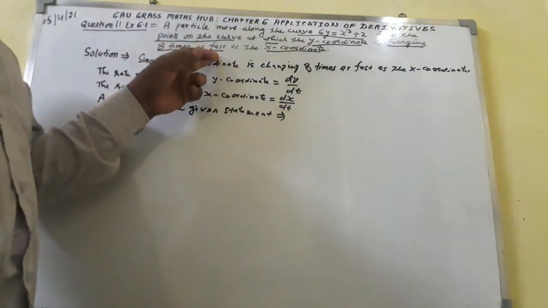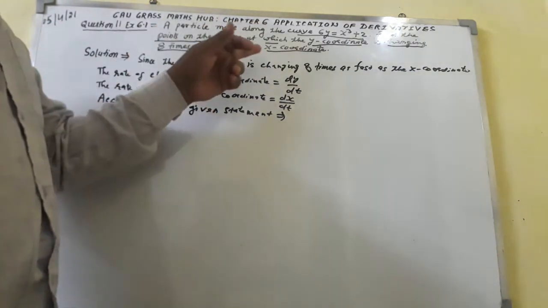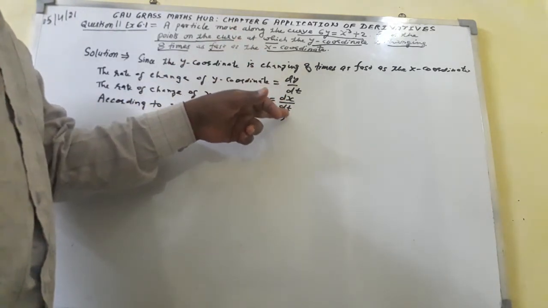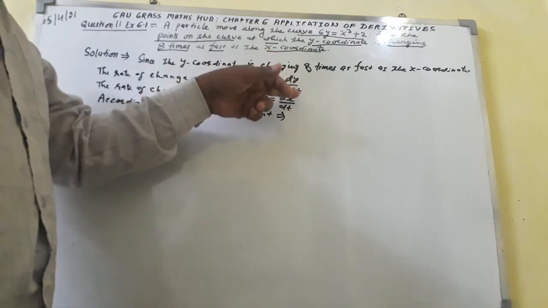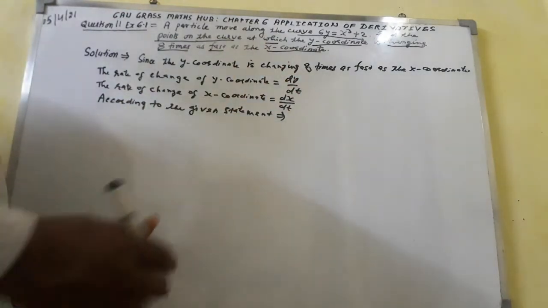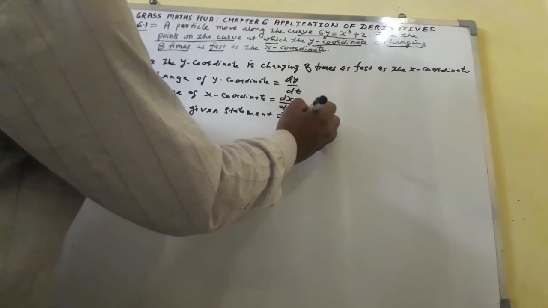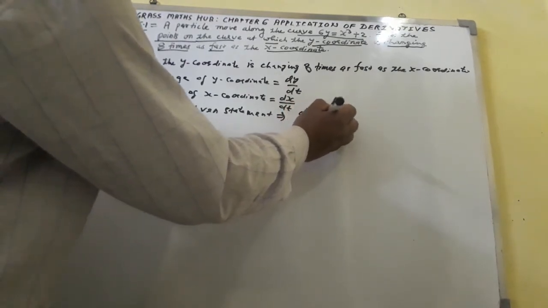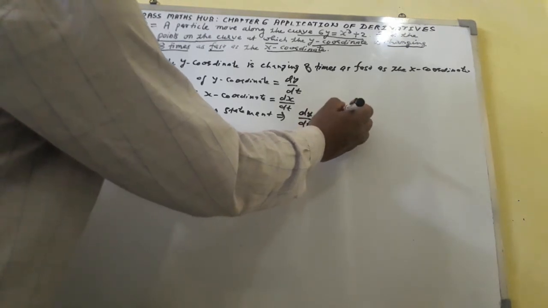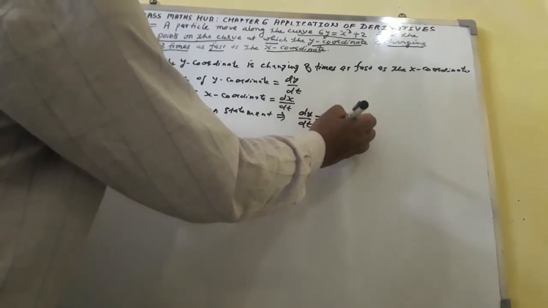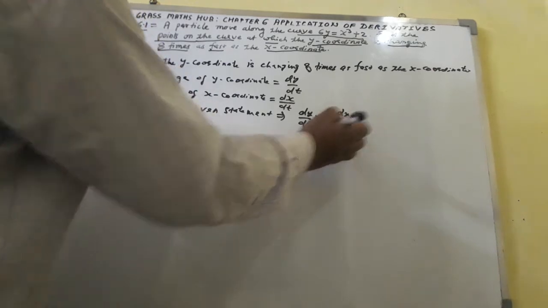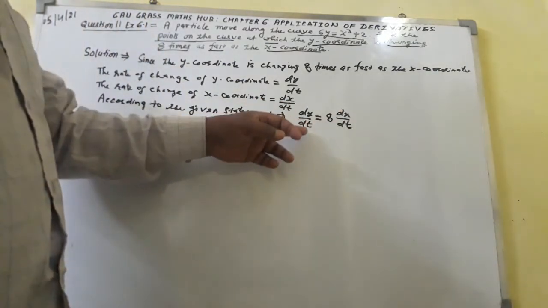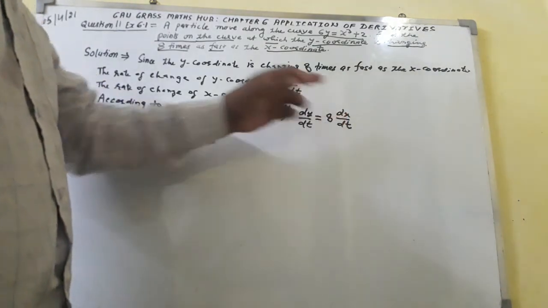As fast means times. 8 times dx over dt will be equal to dy over dt. So here I shall write dy over dt equal to 8 times dx over dt. According to the given statement, dy over dt equals 8 times dx over dt.